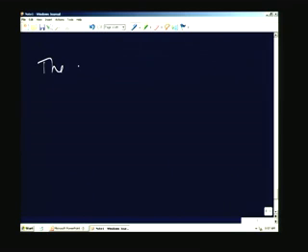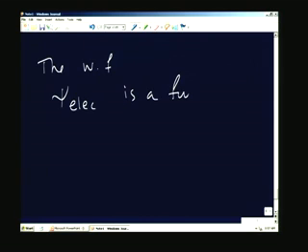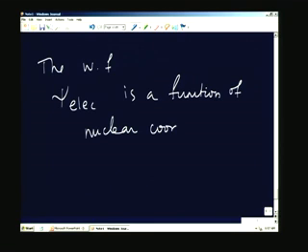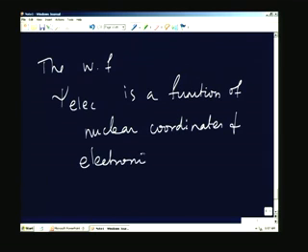The wave function psi electronic is a function of nuclear coordinates and electronic coordinates. You are not saying that it is not. This was the first step.